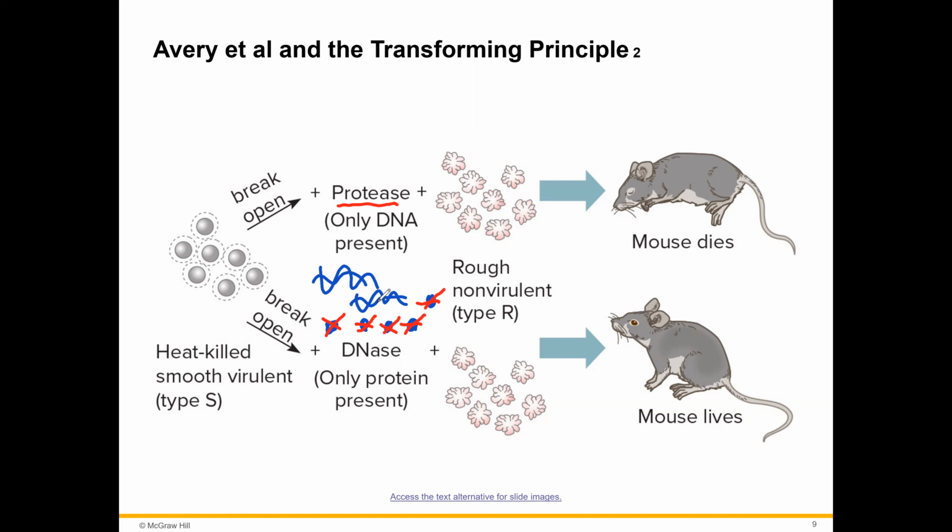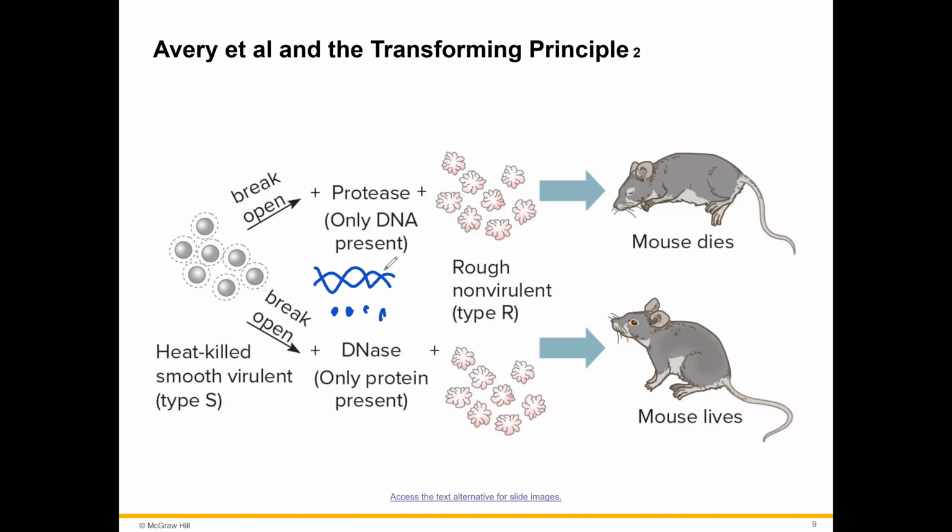What happened if we use protease? Then the R type became S type and the mouse dies, right? Because we have DNA. Now look at what happened in the next example. Here again we have DNA and proteins.